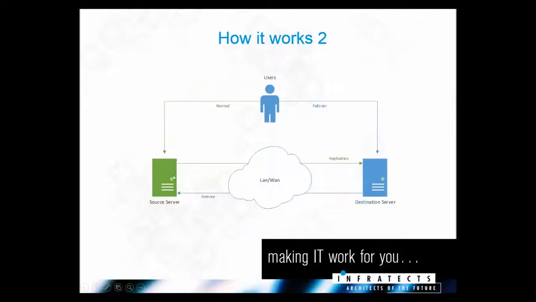They only know there's one server, and that is the device that they always log into and run their applications and systems. So the changes that are made on the source are replicated on the fly, live, to the destination, and it's a service that is not impacted. The users are not impacted by it, so they won't even notice that anything is happening in the background.